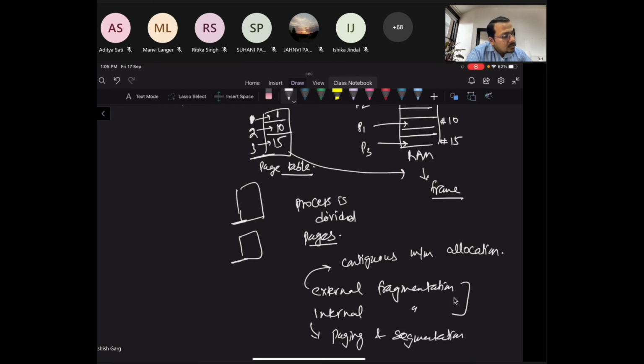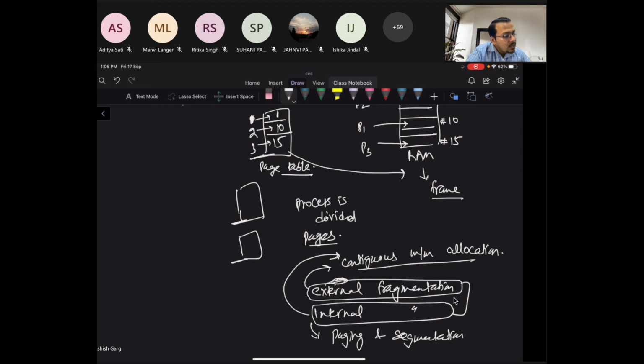In contiguous memory allocation, both external fragmentation and internal fragmentation can occur, whereas paging and segmentation only have internal fragmentation. External fragmentation cannot occur in paging and segmentation.